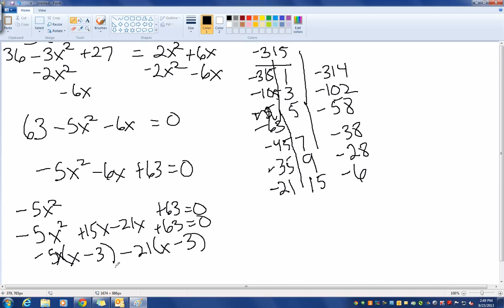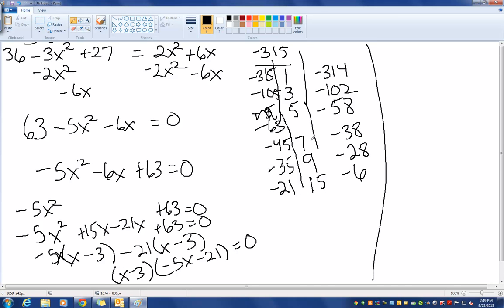So then we notice x minus 3 is a common factor. We pull it out: negative 5x minus 21. This is how things factor out, and then we are clear to solve by factoring. If this product equals 0, then either x minus 3 equals 0 or negative 5x minus 21 equals 0.